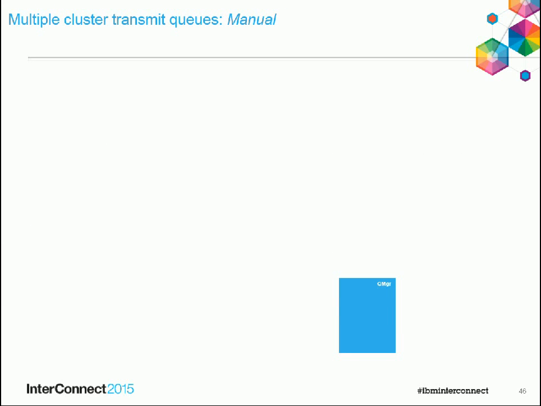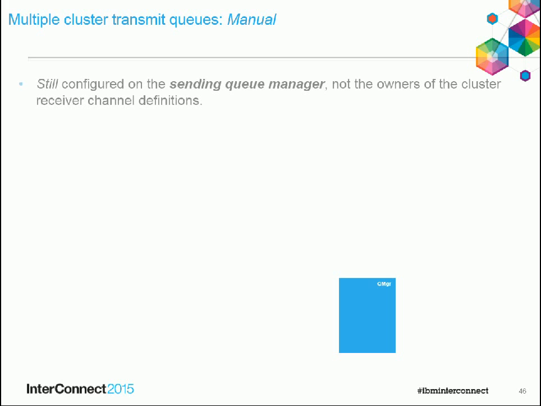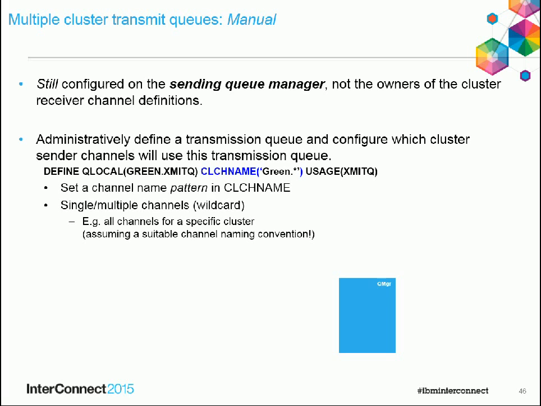Alternatively, you can have a bit more control over it, and you can manually say which channels are going to use which transmission queues, a bit like you would in the non-clustered channel way. You do this on the sending end of the channels.